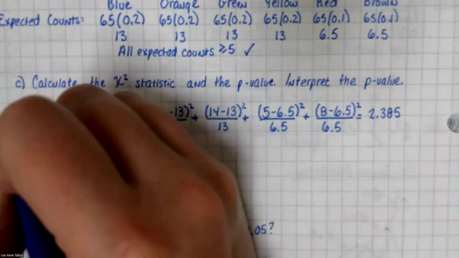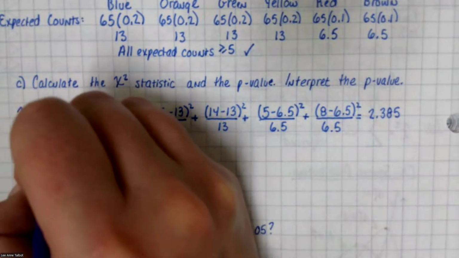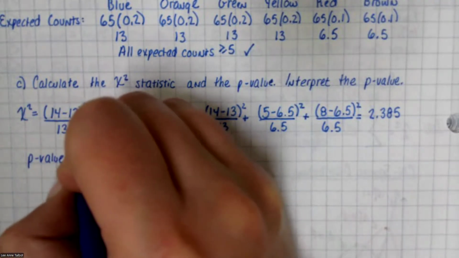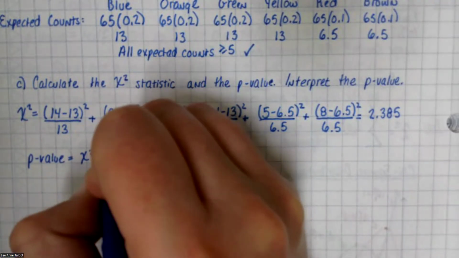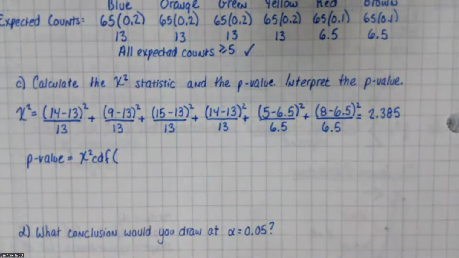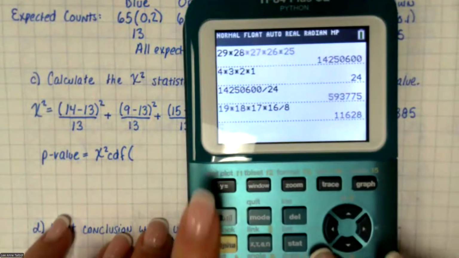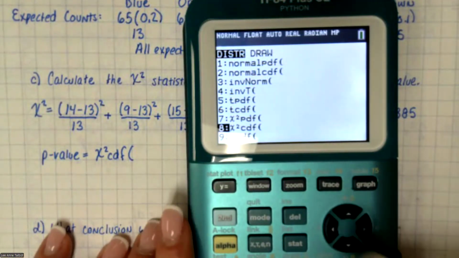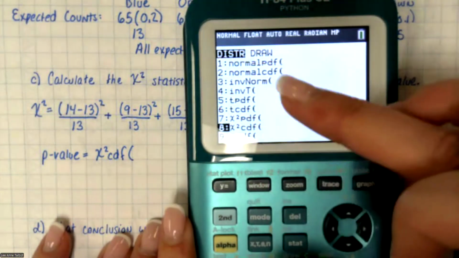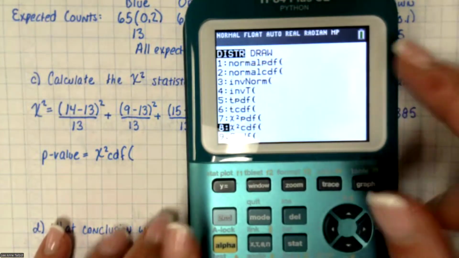Okay, we are going to look in the calculator at chi-square CDF. See if you can find it. It's next to TCDF and inverse T, and all of their friends are in the same menu.